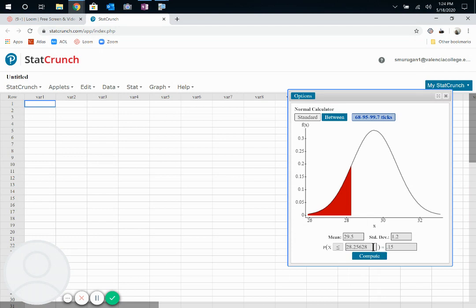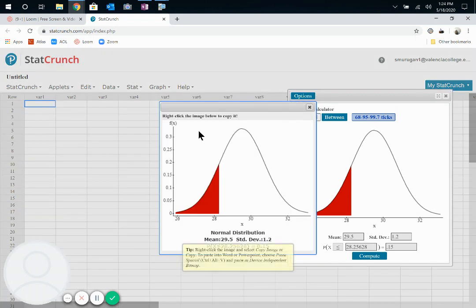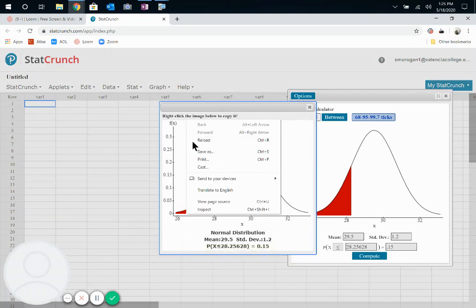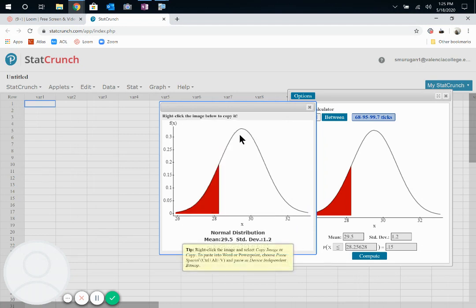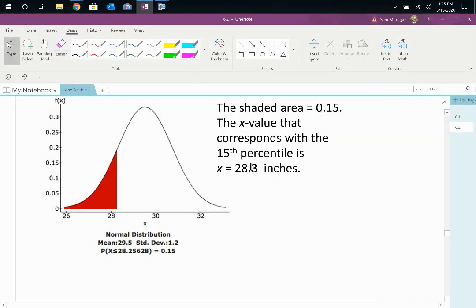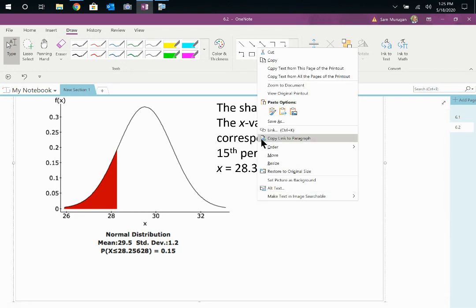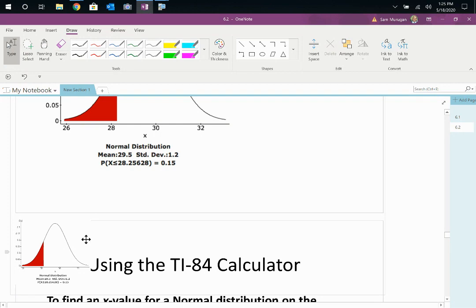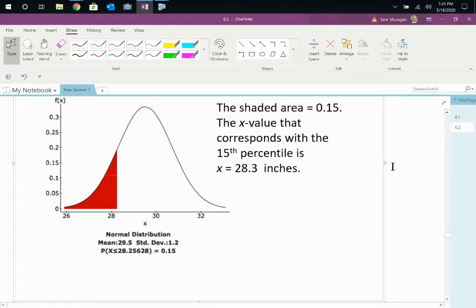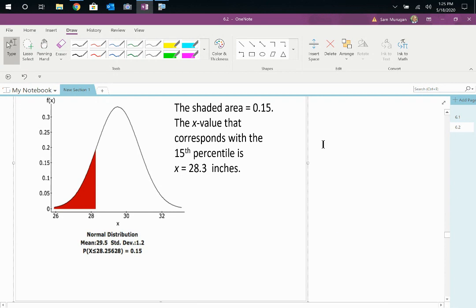So I typed in the 1.5 and it spit out the X value as 28.2562. I'm sorry, I keep forgetting this thing doesn't paste on top of another image. So you can paste it on the side here, yeah. Okay.